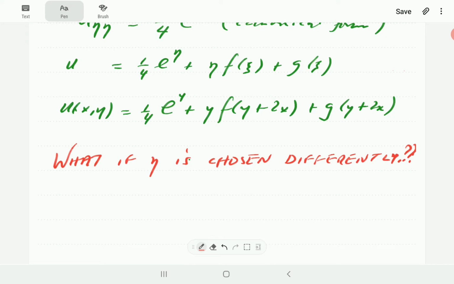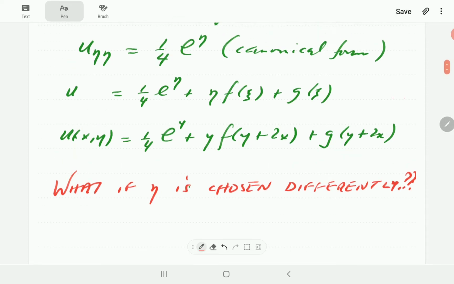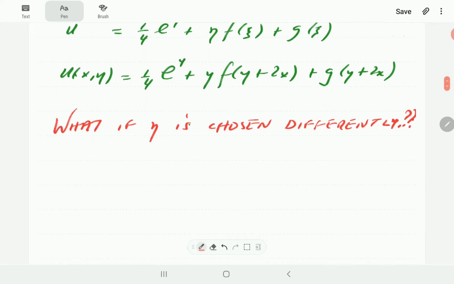And we're going to show you that in terms of the canonical structure of the PDE, and indeed the solution in terms of the original variables, the basic structure is still going to be exactly the same. In fact, the canonical form is going to remain invariant. It's going to be exactly the same irrespective of the choices.